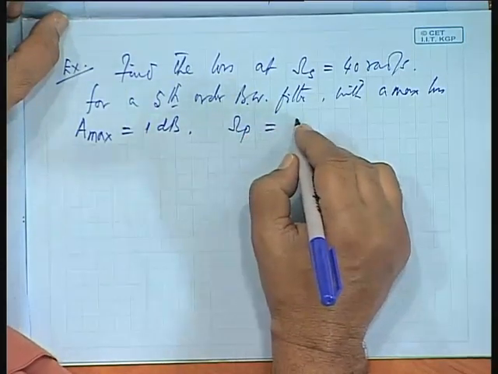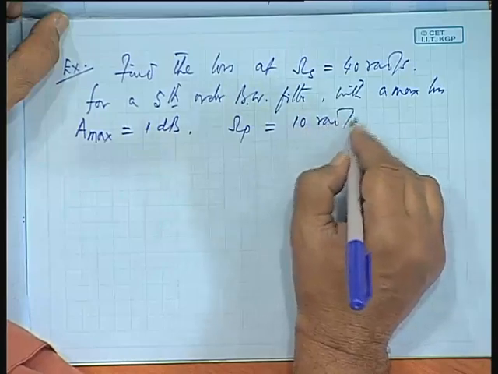The pass band edge frequency is 10 radians per second.